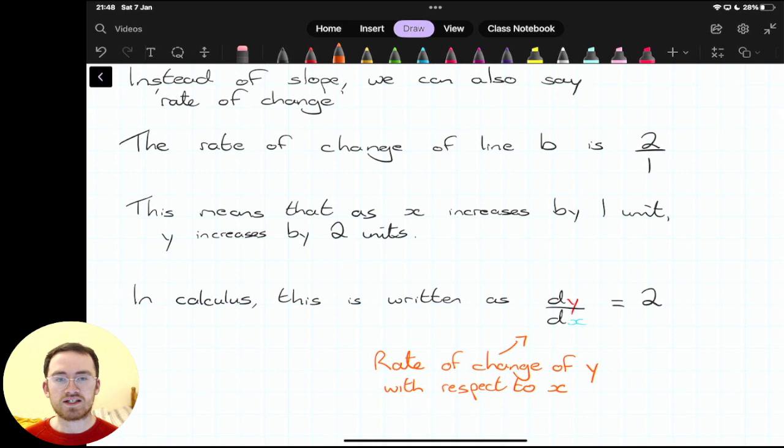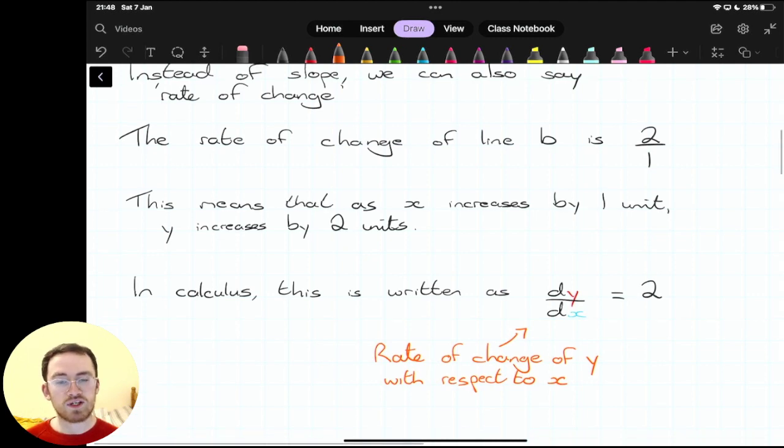So dy dx is the rate of change of y with respect to x. And we might have some other letters in there depending on the questions that we're looking at, so long as we remember that the one on top is the one that we consider to be changing with respect to the one on the bottom. Okay, that's generally the way that we go with it.